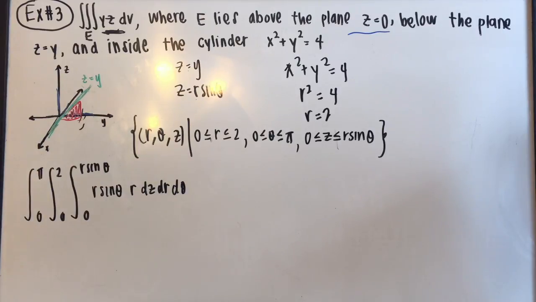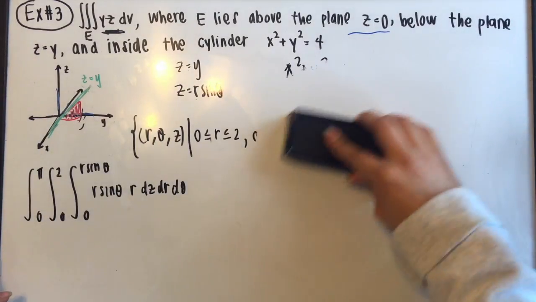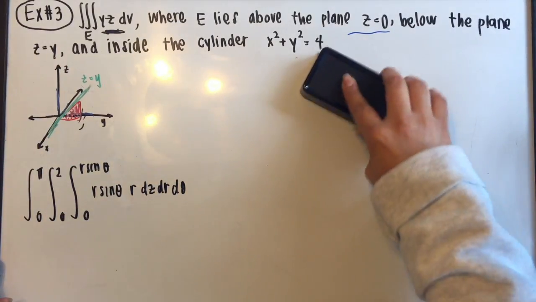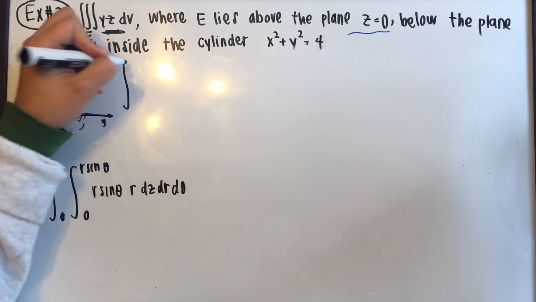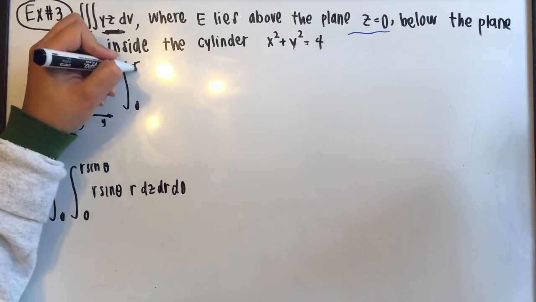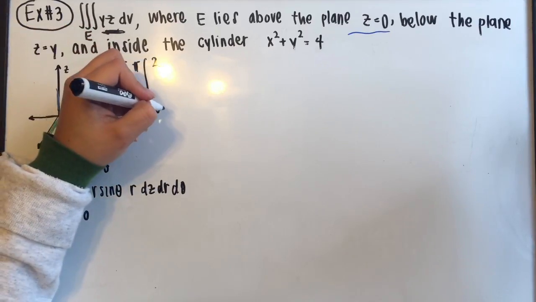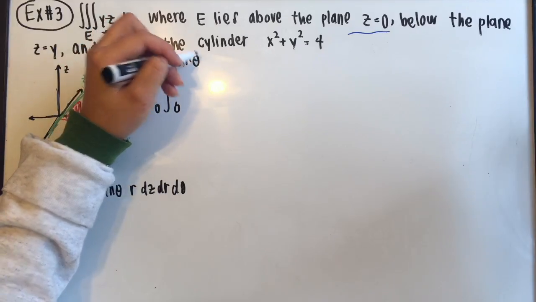Okay, to get into actually integrating this, I'm going to erase here so we have enough space. I'm going to move this to here. So from 0 to pi, 0 to 2, and 0 to r sine theta.